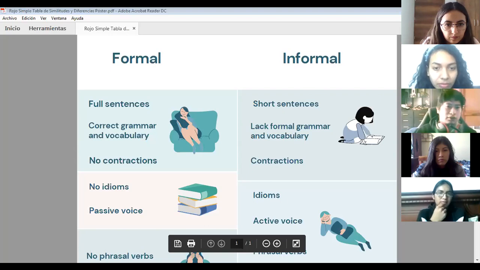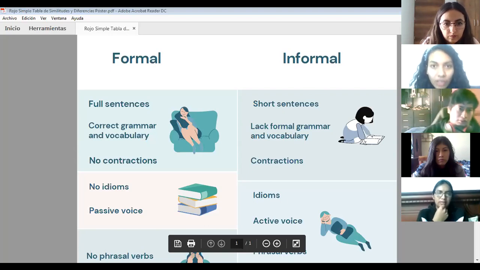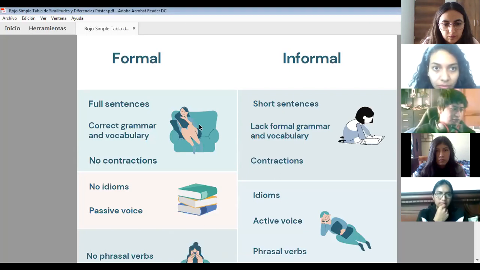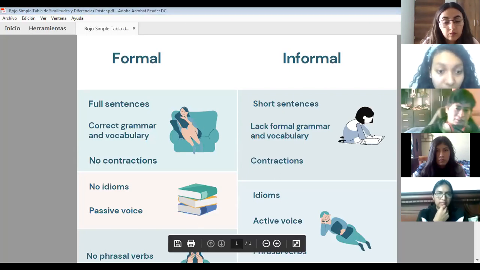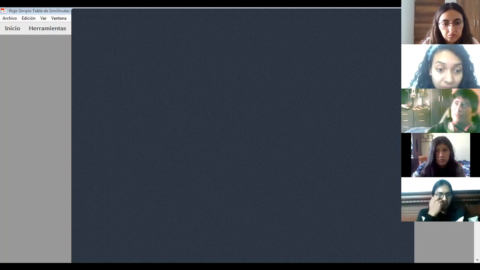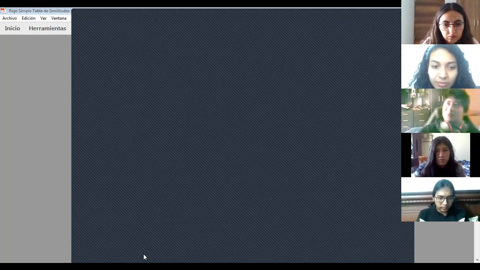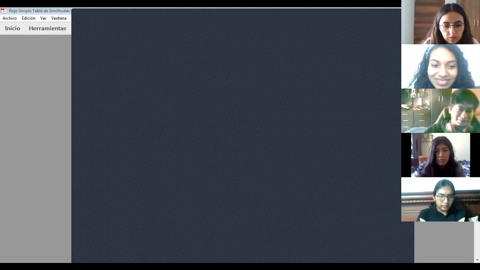The structure of the paragraph. In the formal is more organized. Exactly. Good. It had introduction. No sé cómo sería despedidas. Yeah, later we'll see. Thank you so much, Jorge.